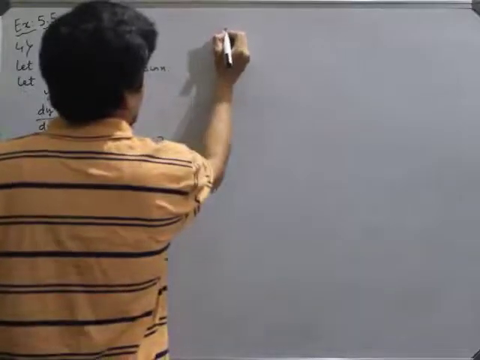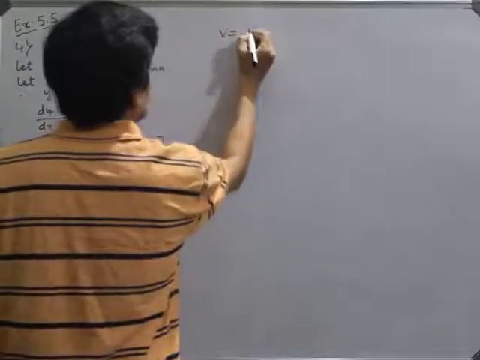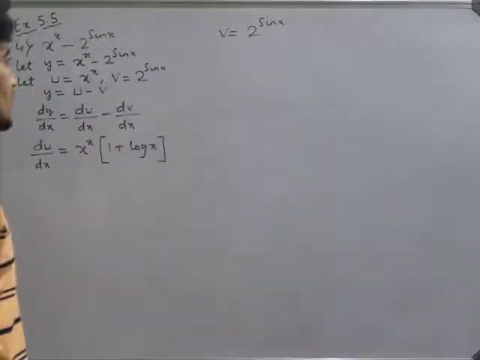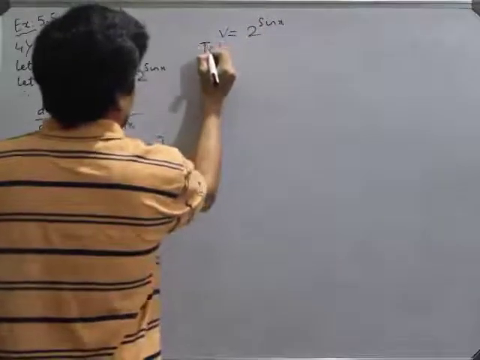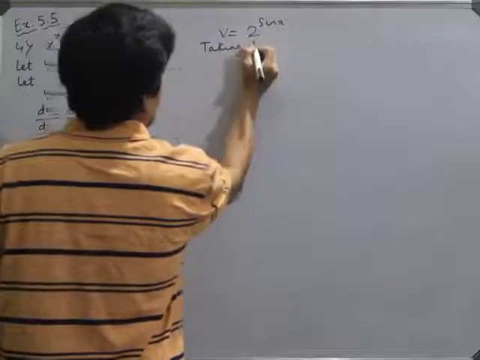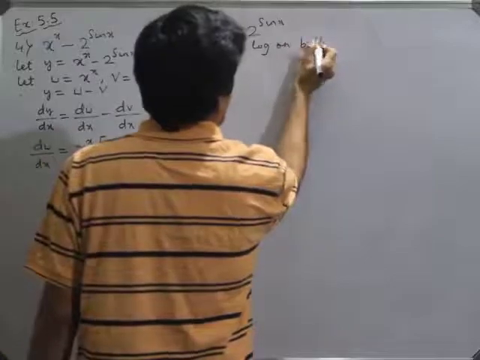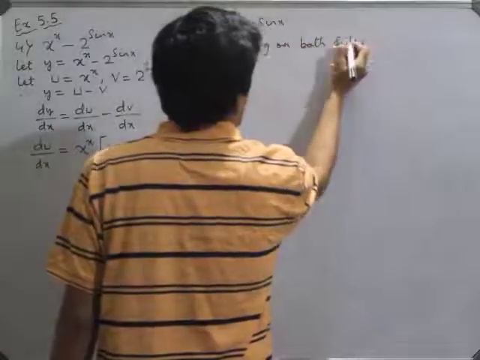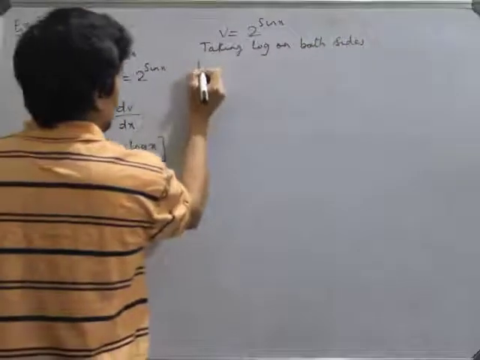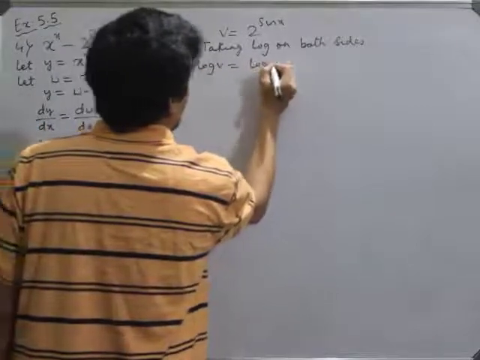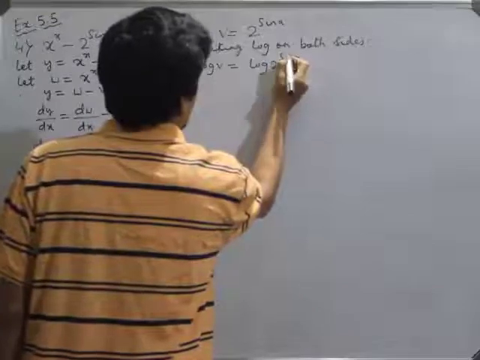Next we will solve this one. So v is equal to 2 to the power of sin x. What I do here is taking log on both sides. So if I take log on both sides, this will become log v is equal to log of 2 to the power of sin x.